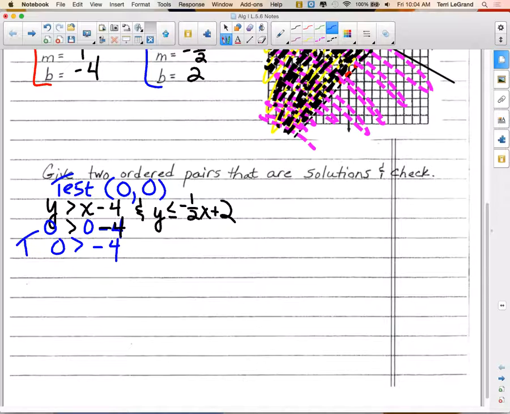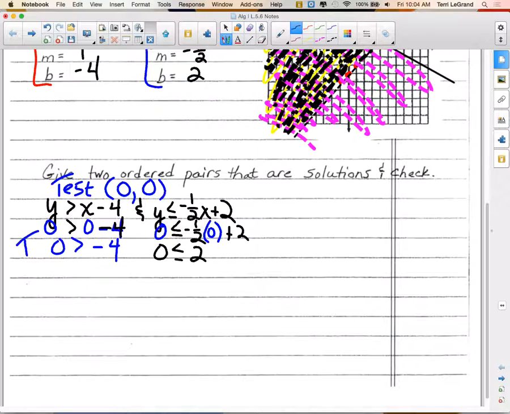Okay, I ended with 0 is greater than negative 4 for the first one, which is true, right? And I end up with 0 is less than or equal to 2 for the second one.